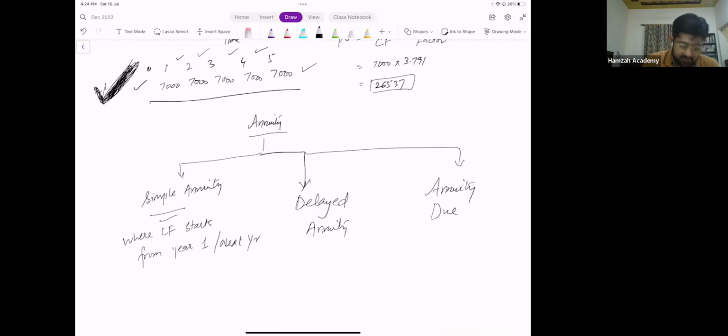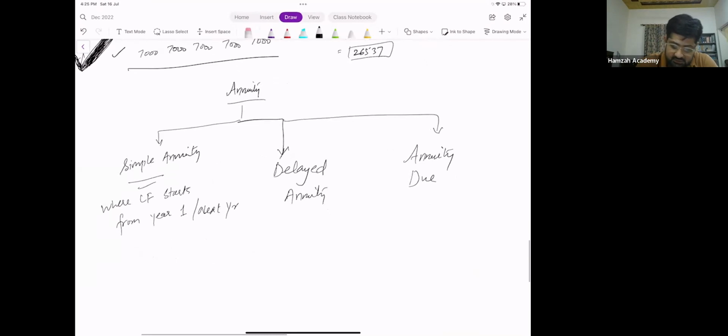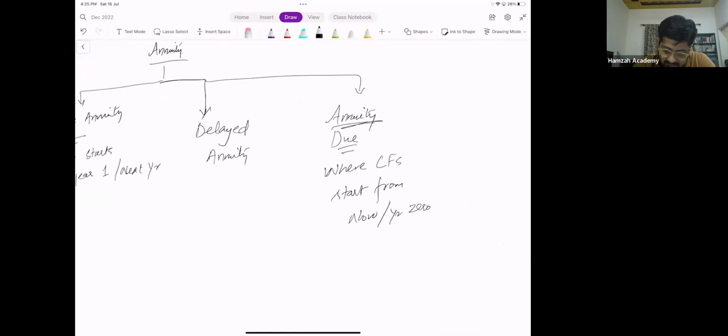So annuity due, what is it? Where cash flows start from now or year 0. Let us discuss first this. Annuity due. Annuity in advance, it is also called.